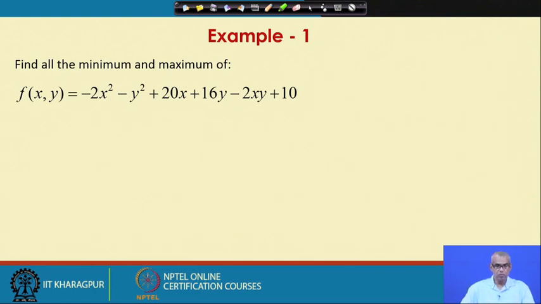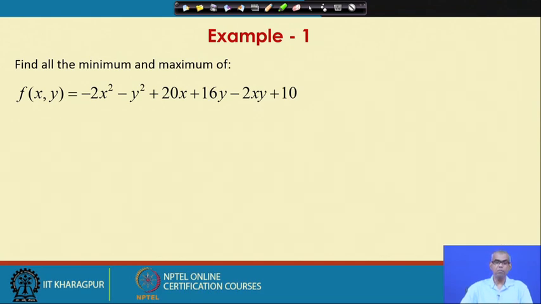Now, let us take an example of a two variable function. The function f is a function of x and y, and the function is minus 2 x square minus y square plus 20 x plus 16 y minus 2 x y plus 10.